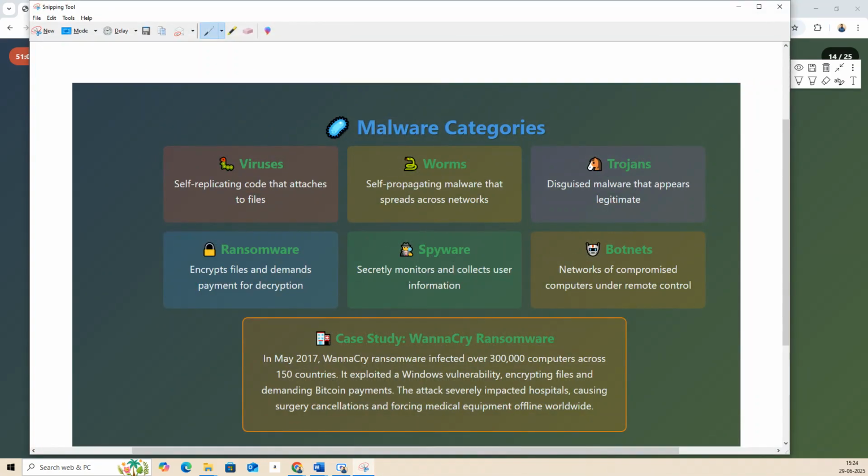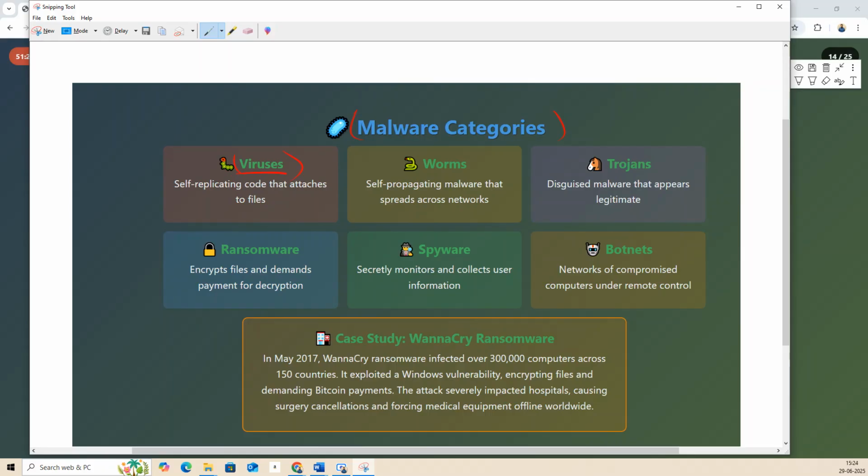Malware is nothing but malicious software, a weapon of choice for most cyber criminals. Let me walk you through the different types and show you why one particular category is causing panic in boardrooms worldwide.